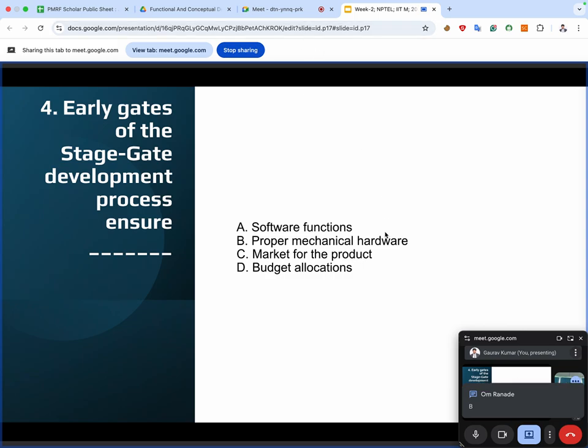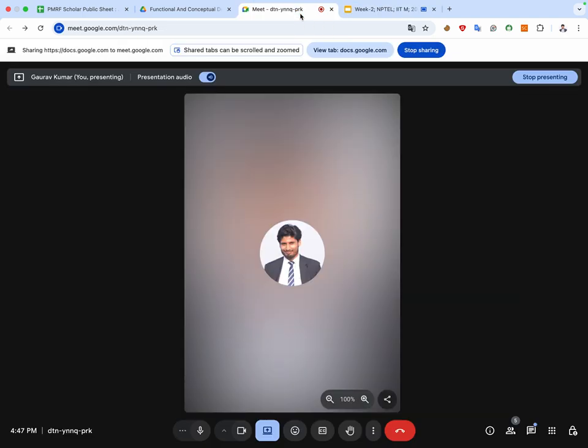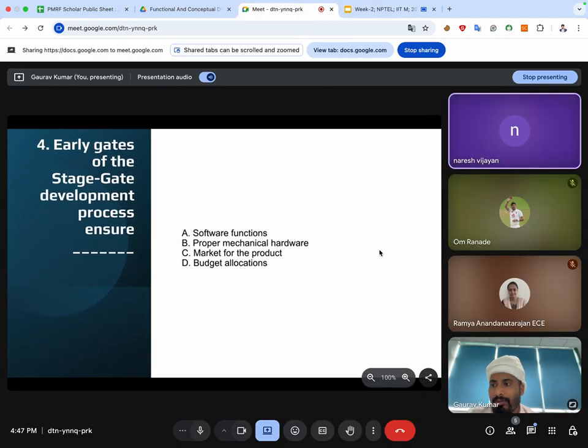Option B. Okay. Proper mechanical hardware. Option C. Sorry. You are saying option C, market for the product.